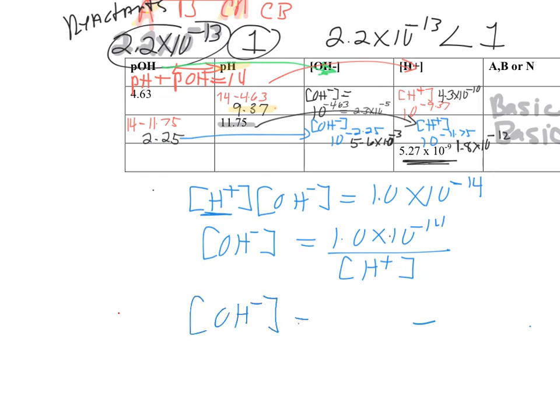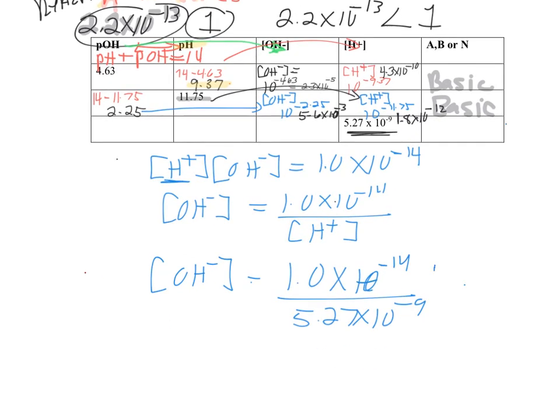The concentration of the H happens to be 5.27 times 10 to the minus 9. So it's 1.0 times 10 to the negative 14 divided by 5.27 times 10 to the minus 9. These are molarities, so of course that's going to cancel.